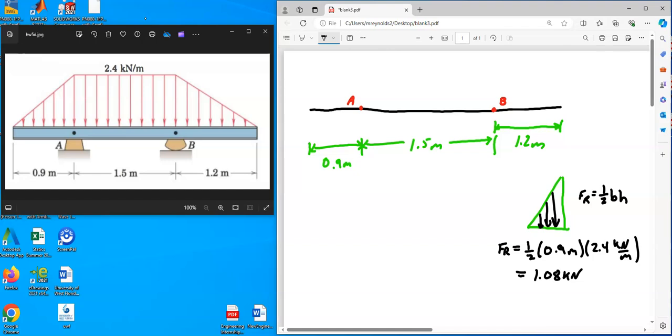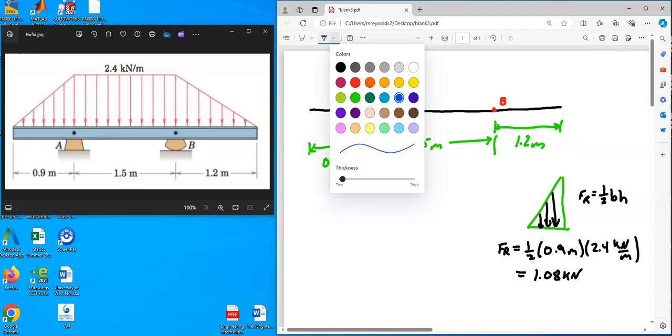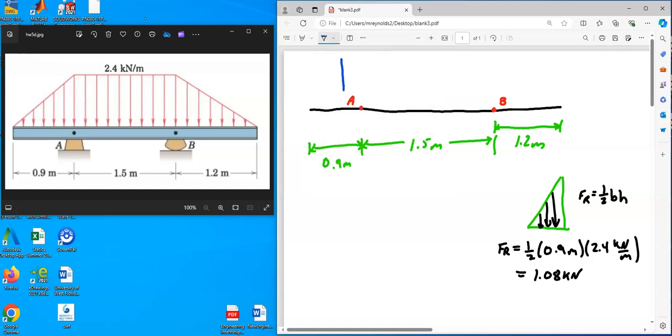Now, the question is, where do you put that? Where is this located relative to A? Note that more of the load is closer to A than it is to the end of the beam. So you're going to place it closer to A. But what is that location for the 1.08 kilonewton force? How far away from the end of the beam is it?